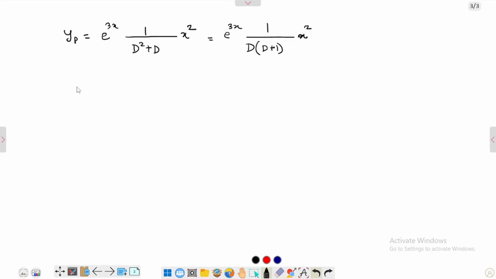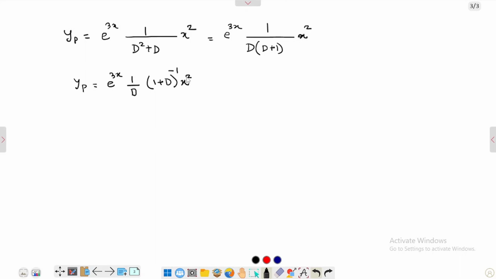Well, after doing that, step by step, I will keep 1 by d down, and this one will be 1 plus d to the power minus 1, acting on x squared.